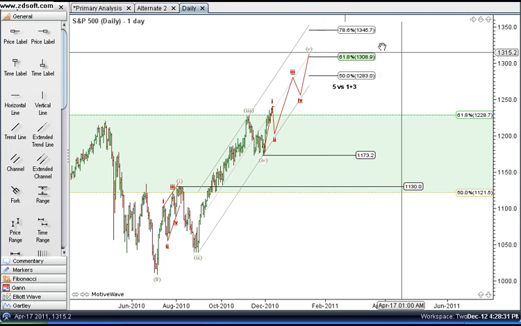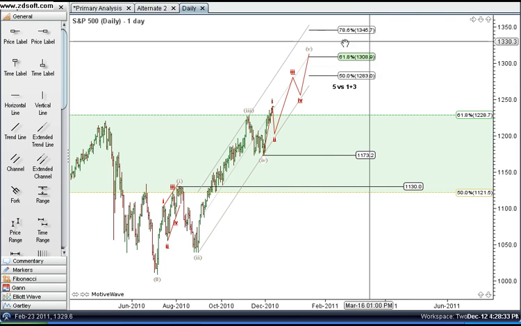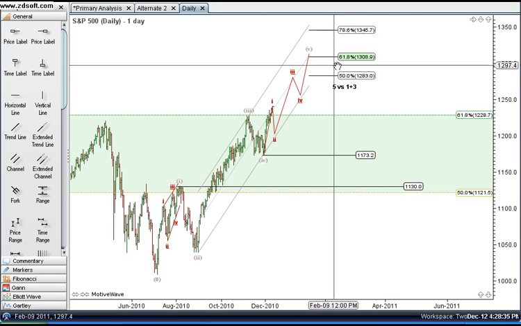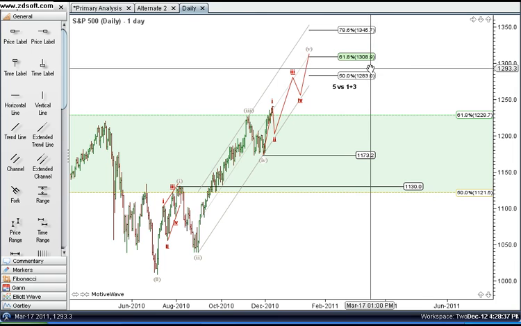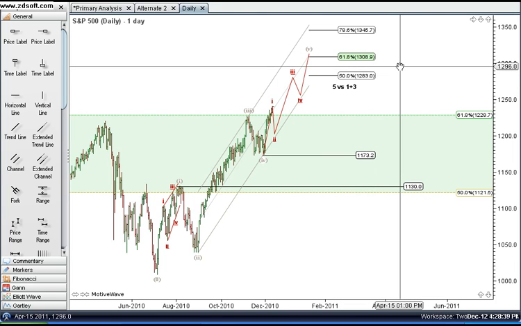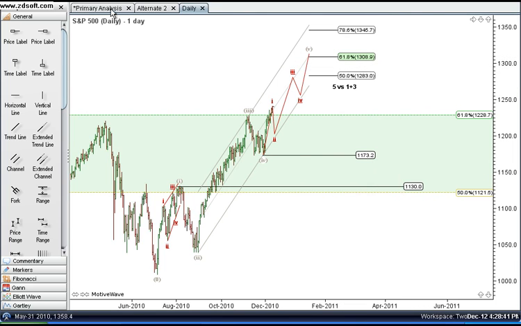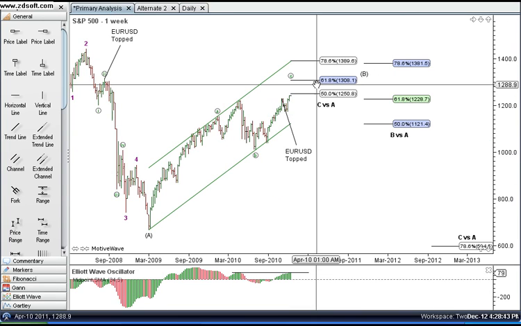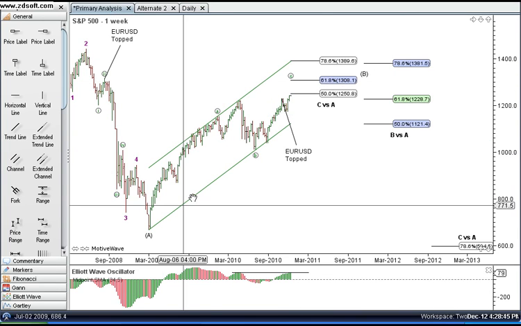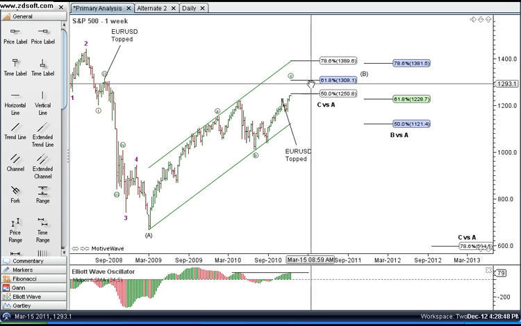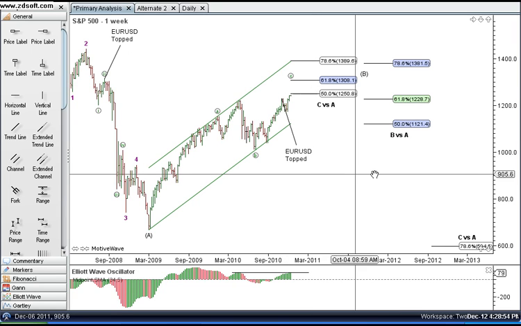But if you see where the 618 extension is for wave 5, it's at 1308.9. The 618 extension for a C wave, 1308.1.